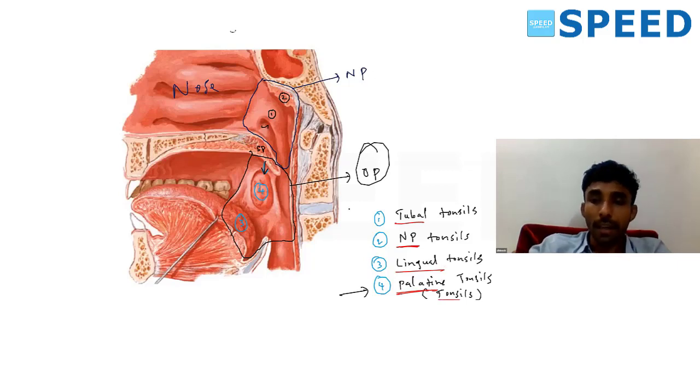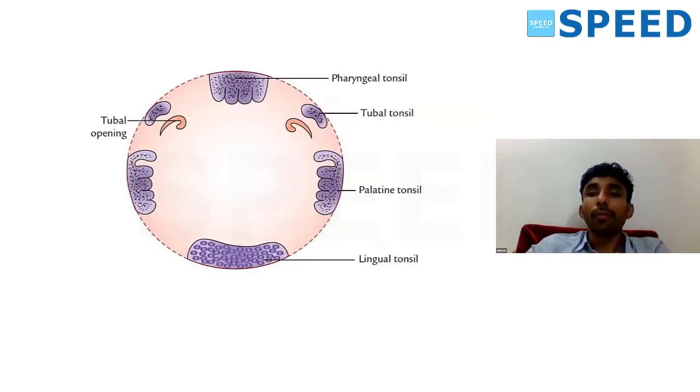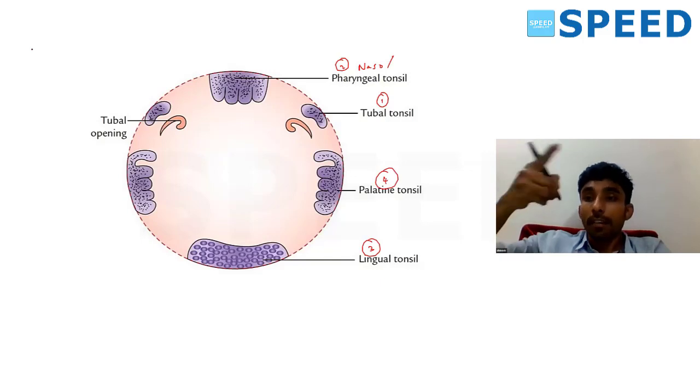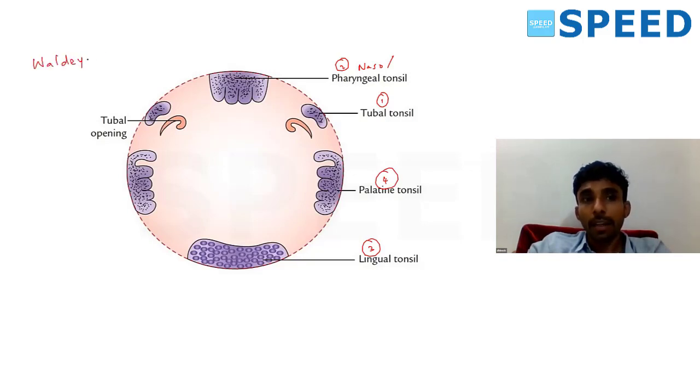Remember all these four types of tonsils I have told you now: tubal, pharyngeal or nasopharyngeal, then lingual, then palatine tonsil. All the four types of tonsils form one ring-like structure. They are arranged in a ring-like manner. So this arrangement is called Waldeyer's ring or Waldeyer's lymphatic ring.